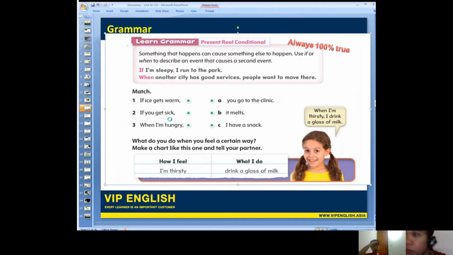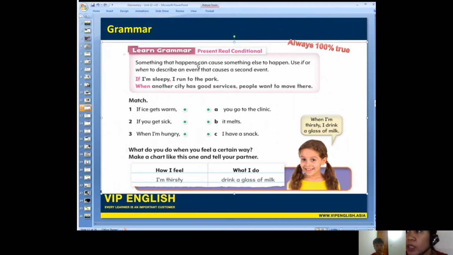And we also have a few examples here. Okay. But you also have to remember that present real conditional tells 100% true. Okay. So present real conditional talks about facts.